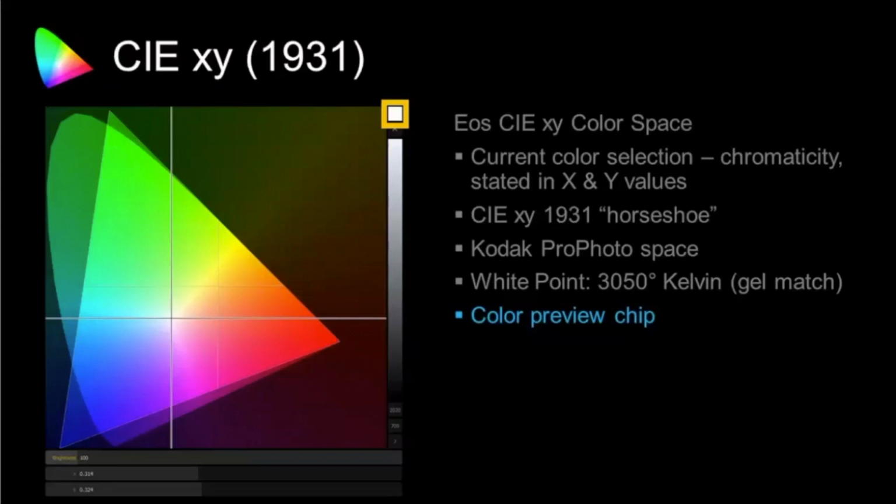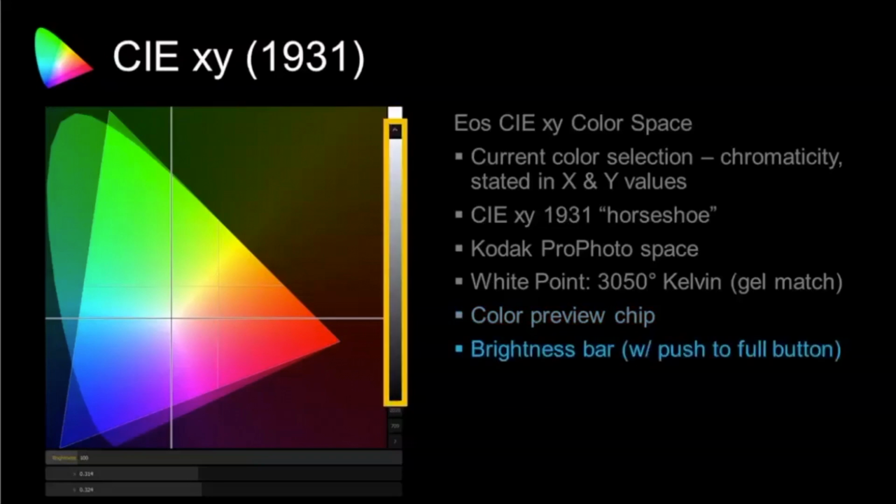Other things that go around the color picker itself, you have a little color preview chip so that you can see an expanded view of what your chromaticity is. You have a brightness bar with a push to full button. A little bit of a sidebar, brightness is different from intensity. A good way to think about it is with LED fixtures.